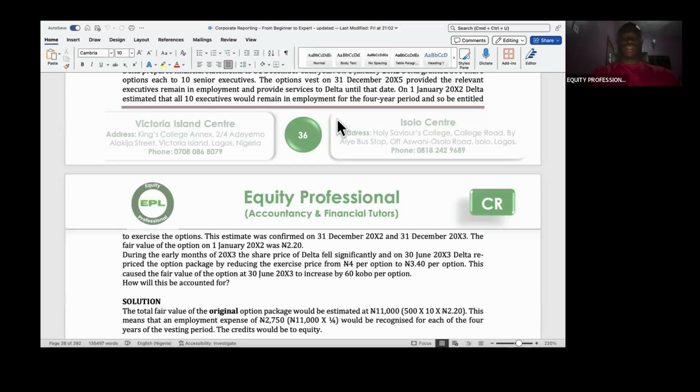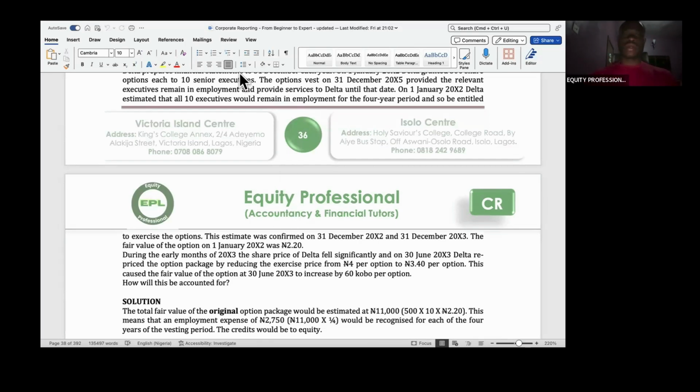This caused the fair value of the option at 30th June 2003 to increase by 60 kobo. So we are now asked how this would be accounted for.